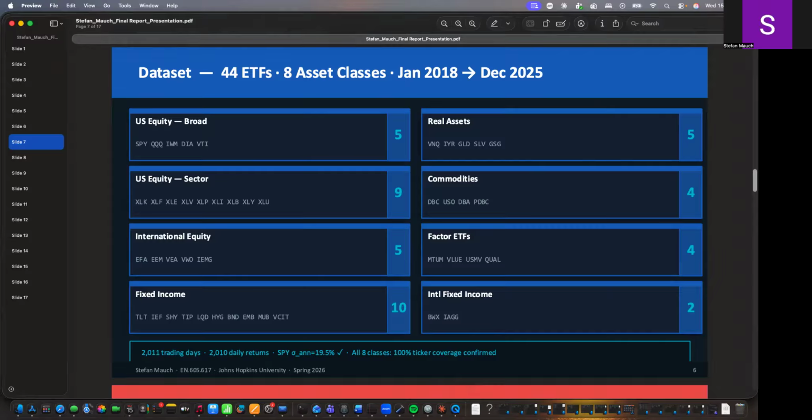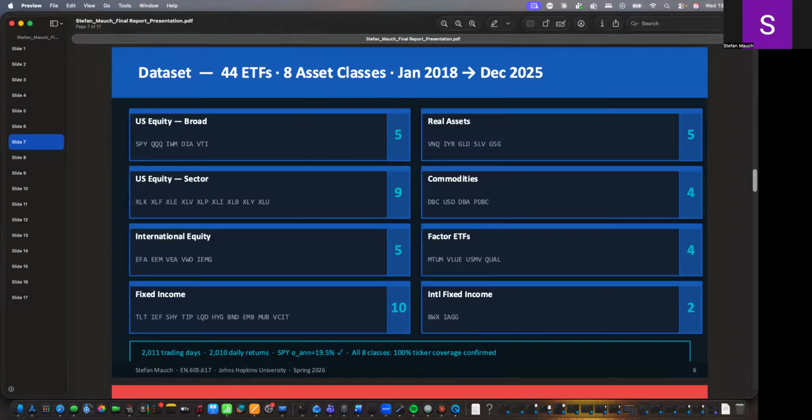So in US broad equity, we have the S&P 500, tracking the 500 largest US companies, along with the QQQ, which tracks the Nasdaq 100 technology index, the Russell 2000, tracking the small cap index, so including small cap companies, the Dow Jones, more on the industrial side, and then also the total US stocks covered by the last one.